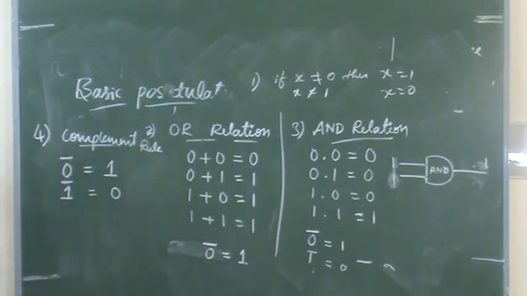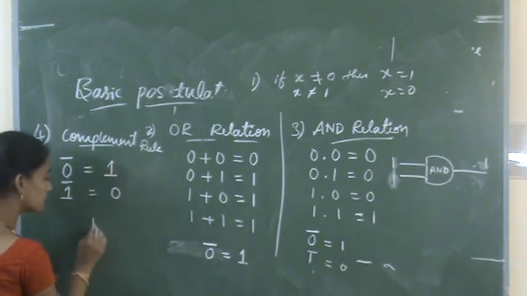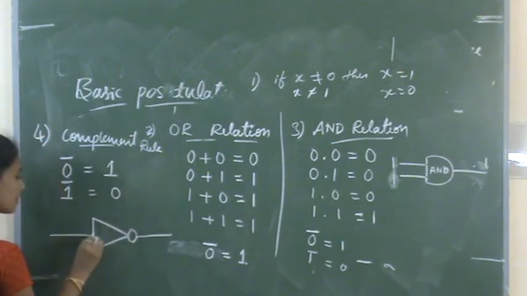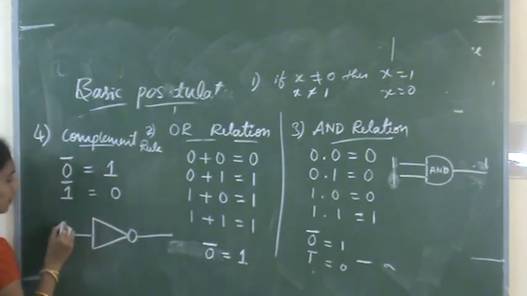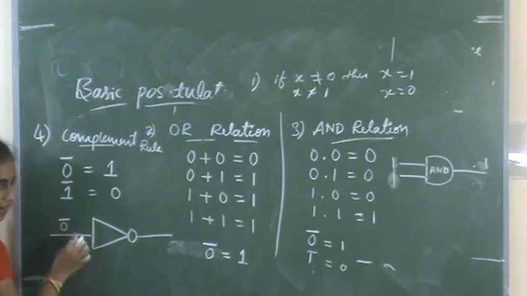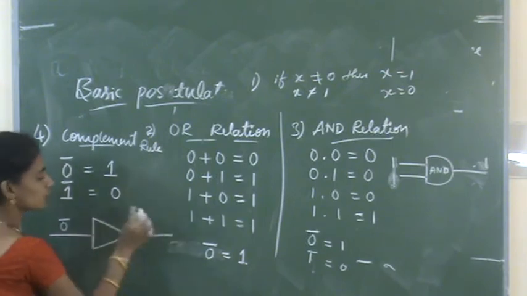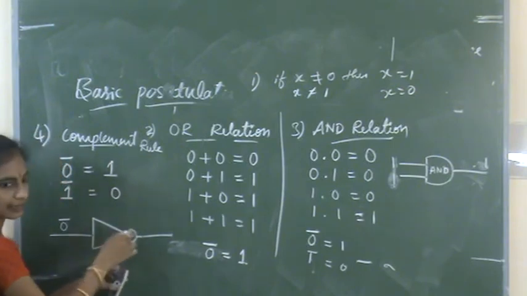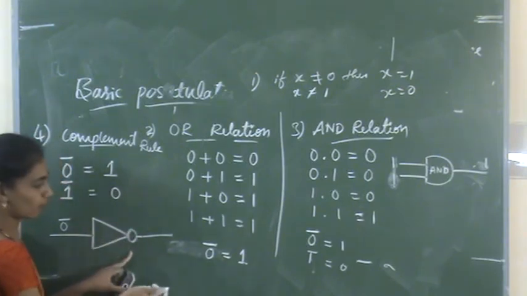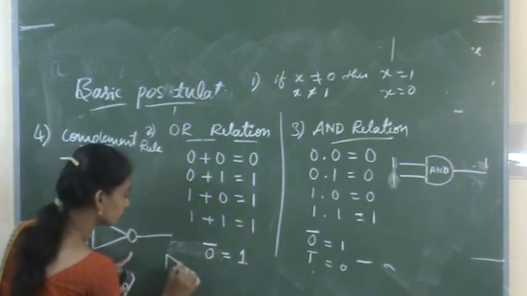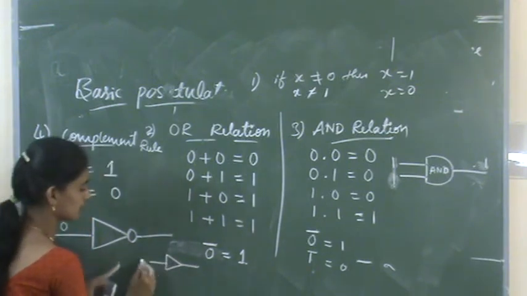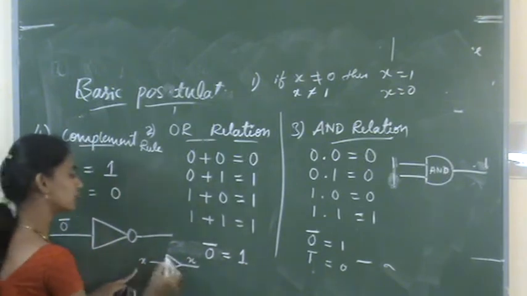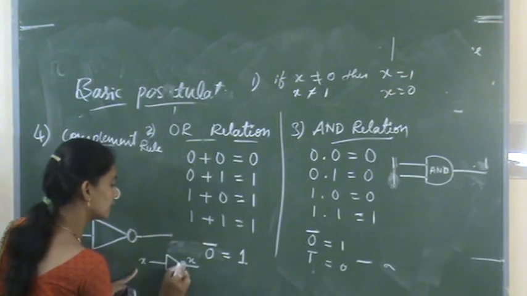After this, the complement will be represented using the NOT gate, right? So this is how we represent the NOT gate. If I provide 0 as an input, it will complement it. This circle represents the complement. Suppose if I provide x, the output will be x bar, because we put this circle in between.